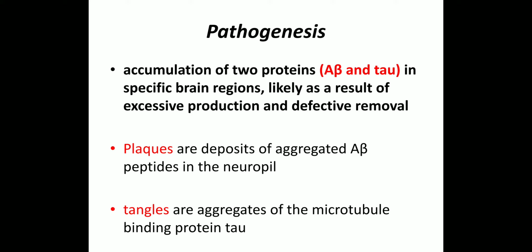Another important feature is the tangle. This plaque and tangle are the hallmark lesions in Alzheimer's. Tangles are aggregates of the microtubule binding protein tau. So tangles are for tau and plaques are A beta protein. The plaques are formed by A beta deposits and tangles are formed by tau proteins. So that you should remember.